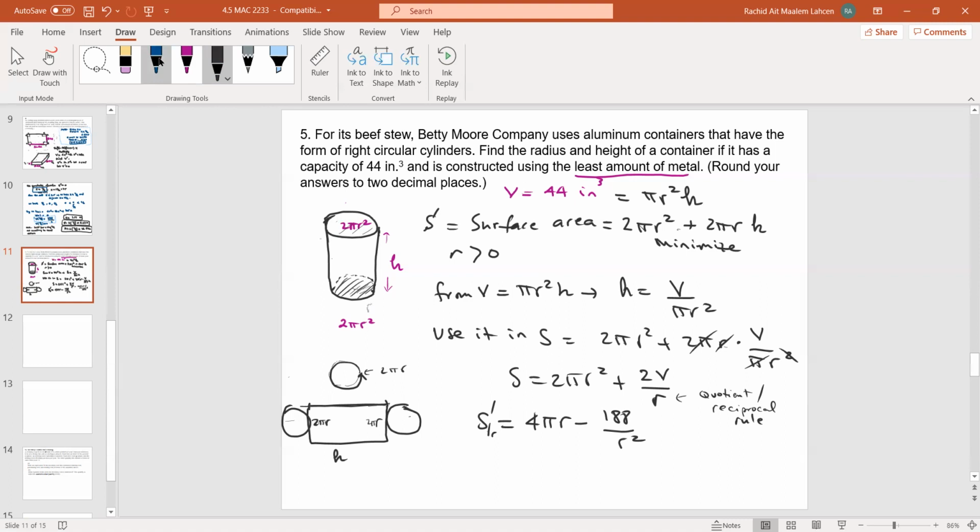I think I should, instead of keeping V, let's just change it with 44 because it's a 44. So here this is a 44. So this is a 44 over pi r square. I did it and then multiplied.